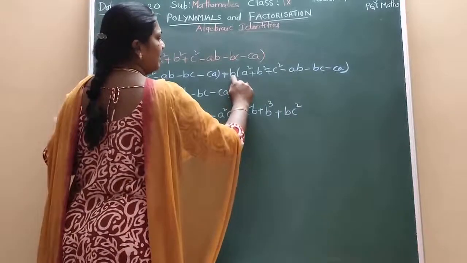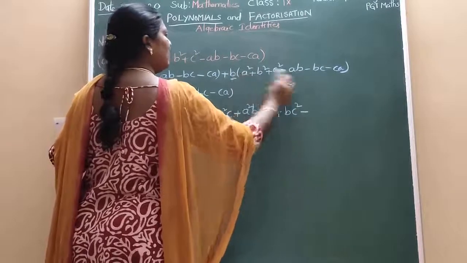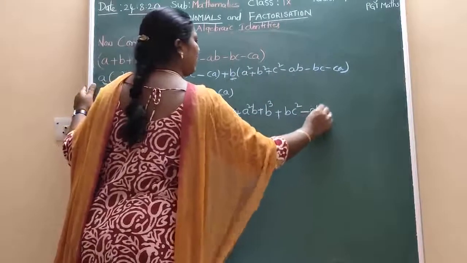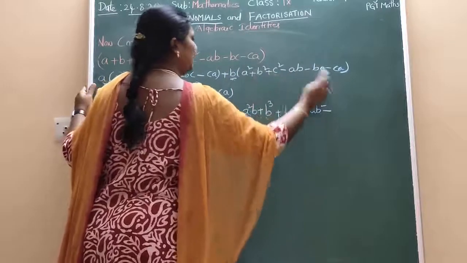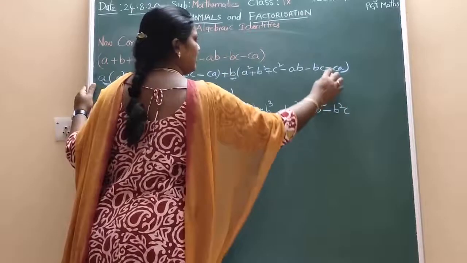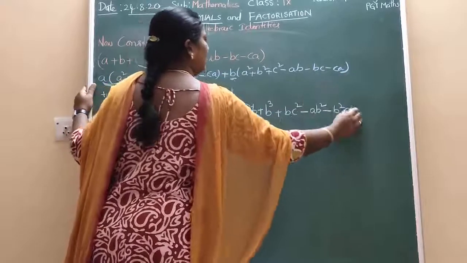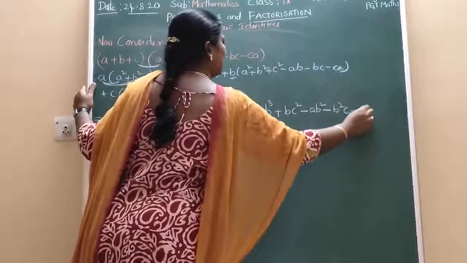Next, b into minus ab, that is minus ab², minus into plus is minus, so b into bc is b²c. Again plus into minus, so b into ca is abc.